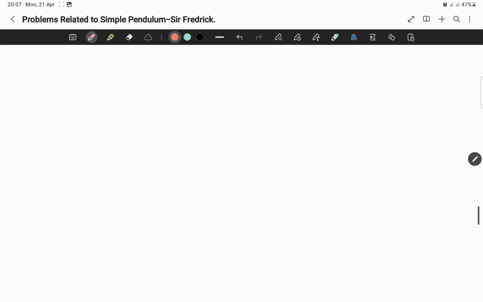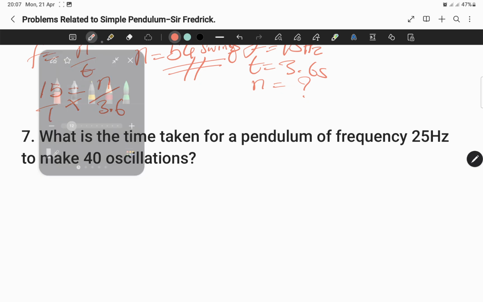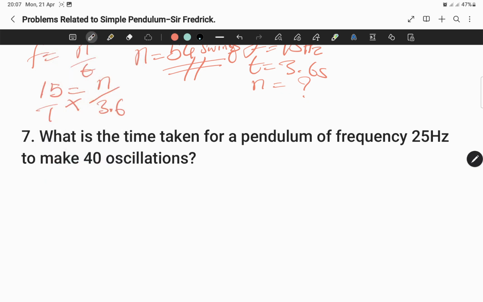Okay, let's do the last one then. What is the time taken for a pendulum of frequency 25 Hz to make 40 oscillations? So data again. As a physics or science student, chemistry or physics, always get used to collecting what you've been given in the question.